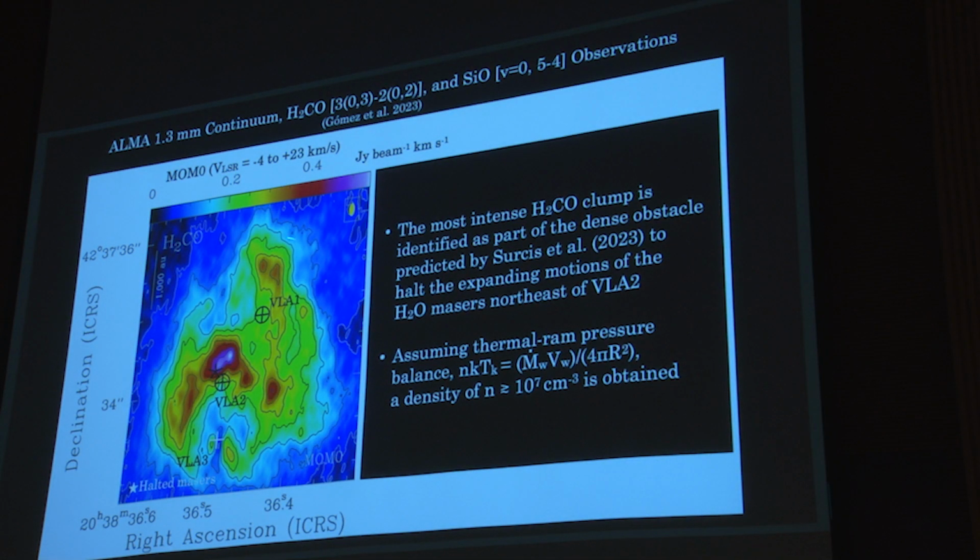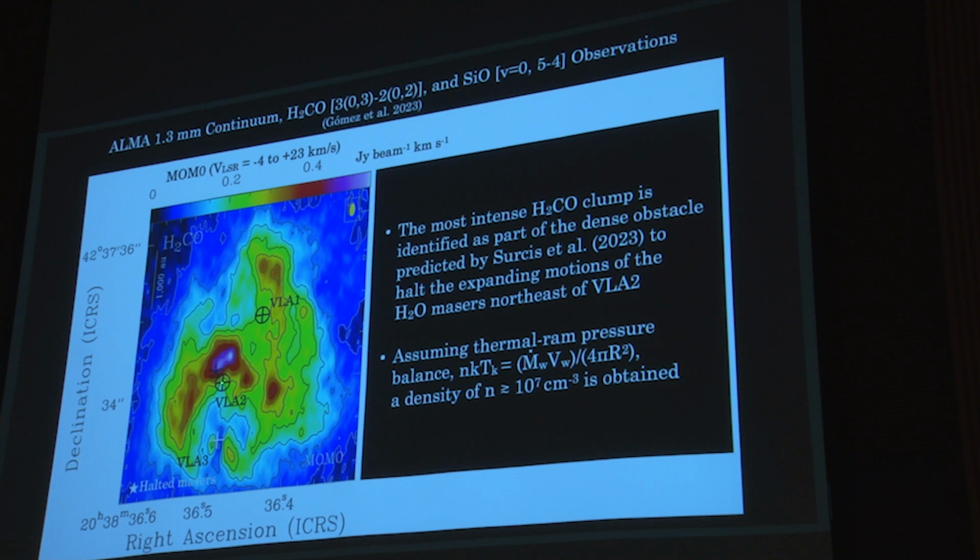This is the integrated emission of the formaldehyde and the positions BLA1, BLA2, BLA3, but we find, with these 5 pointed studies, the positions of the halted masers that we found with the European VLBI network. As you see, there are several clumps, but none of them coinciding with any of the massive protostars.